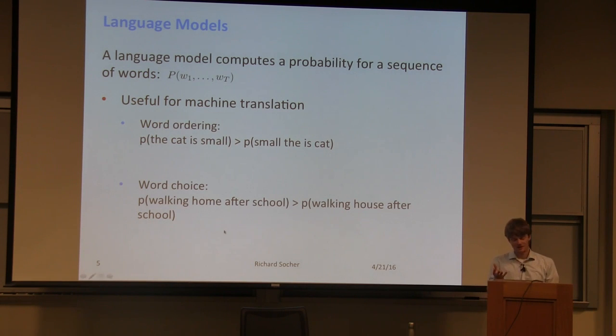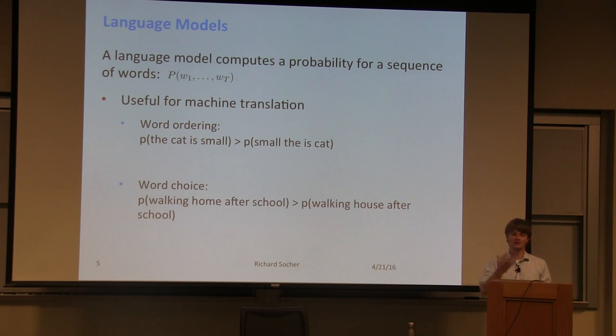Likewise, in translation, you often have certain words that can be translated into different words in the other language. So for instance, home and house might both be possible translations for Haus in German. And so if you have the possible translation walking home after school versus walking house after school, then to English speakers it's very obvious that one is a much better translation than the other.